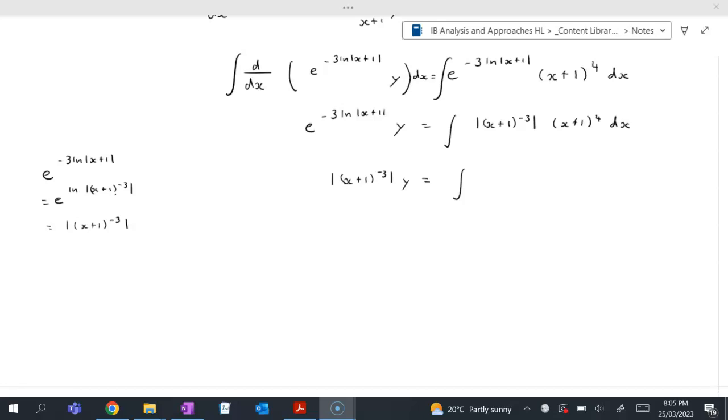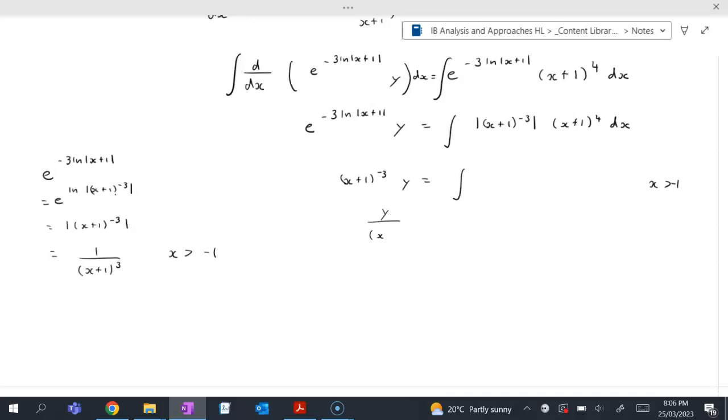So really we'd need to say that this can just be written as 1 on x plus 1 cubed, assuming that x is greater than minus 1. So under the condition that x is greater than minus 1, we'll take the modulus off there and there.